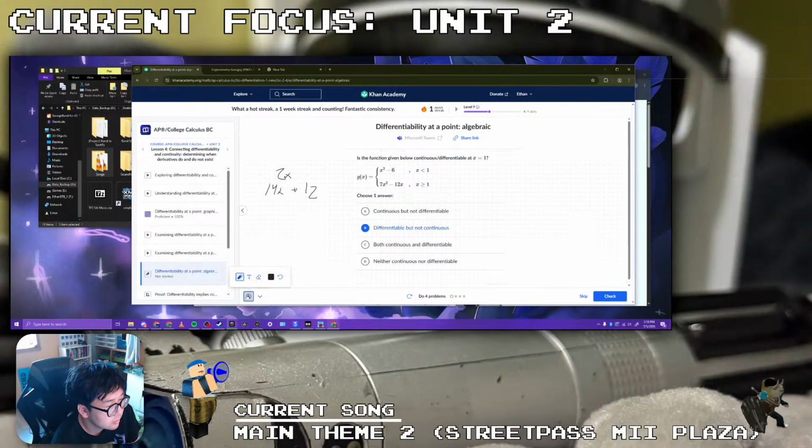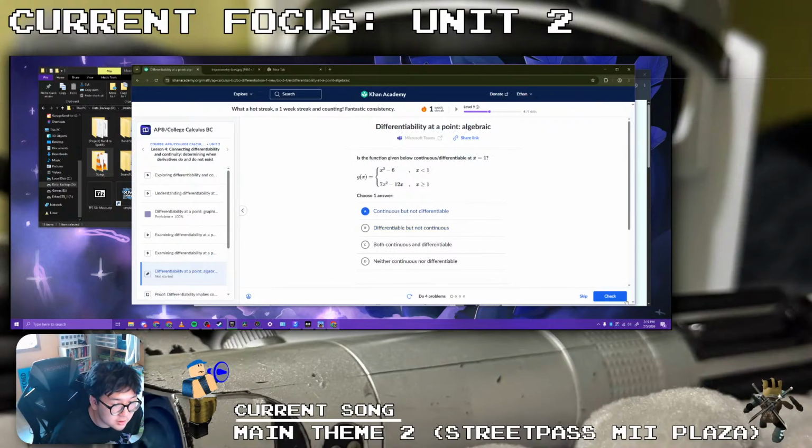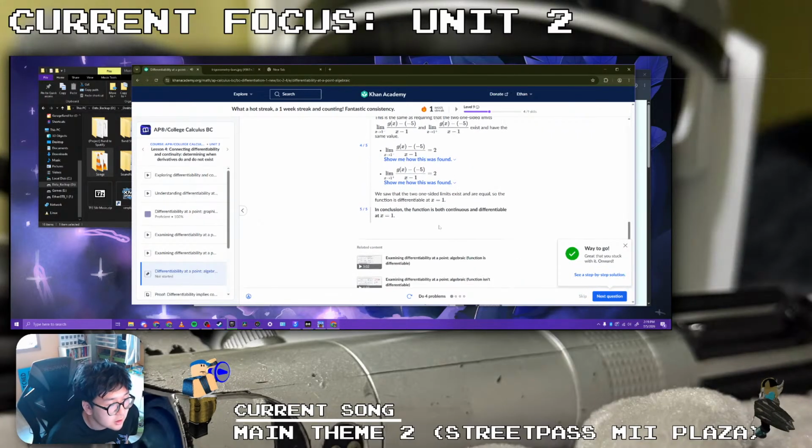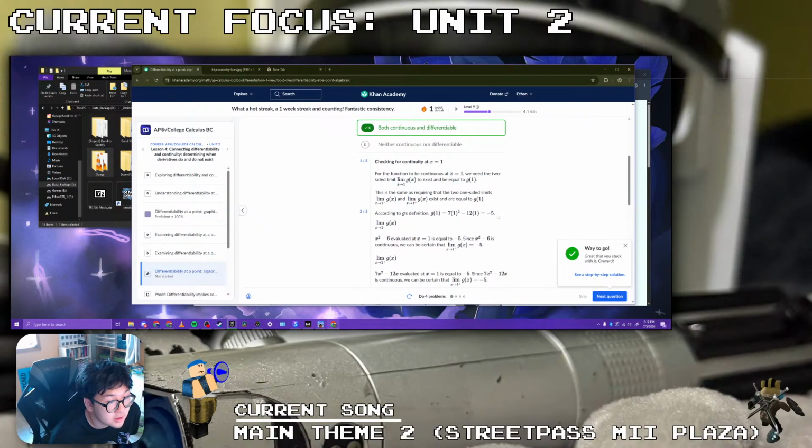You just have to plug in the point. It's going to be -5 and -5. So actually I clicked the wrong one. I think it's continuous but not differentiable. Okay, so my reasoning is wrong. Let's see. So we check.